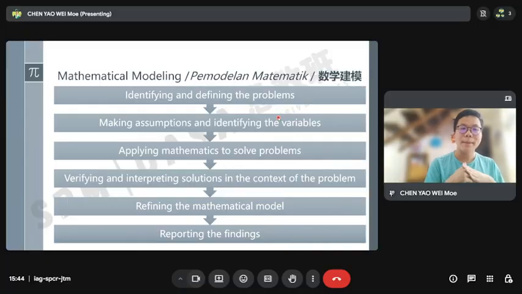Next, you need to make assumptions and identify the variables. Every problem can have assumptions, and many assumptions are acceptable. From the assumptions we can make variables, and use mathematics to solve the problem. When we are done with our solution, we verify and interpret the solution in the context of the problem.